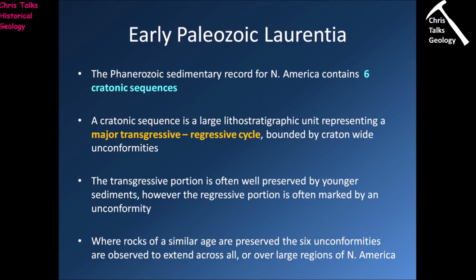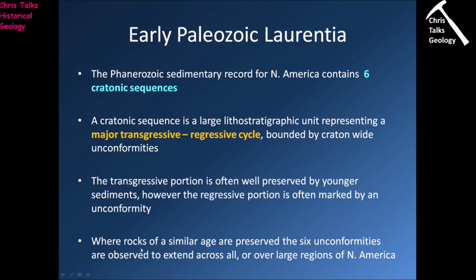Now, during the regressive period, you're still going to have sediments being deposited and therefore rocks forming, but eventually, of course, the sea is going to retreat fully, and that's going to leave the rocks exposed, and they will therefore undergo erosion. So it's not uncommon for portions of the regressive part of the cratonic sequence to be lost, because, as I said, they were above sea level, they were open to erosion, and so rocks were destroyed.